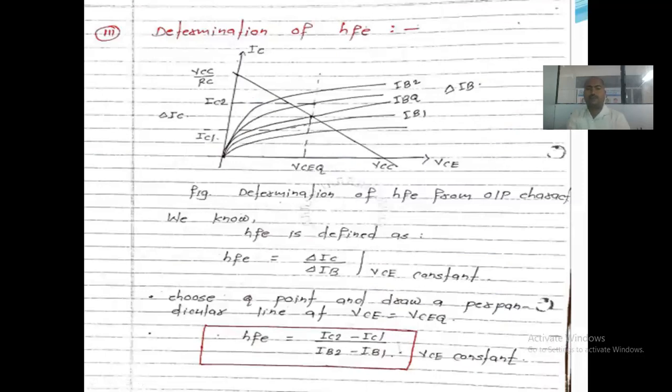Now see, we have to calculate the HAP. When we calculate two things, HI and HRE, these are related to the input, right? So for the calculation we require the input parameter graph, that is VB versus IB. But when we calculate HAP and HOE, we don't use the input parameter graph as we have seen.